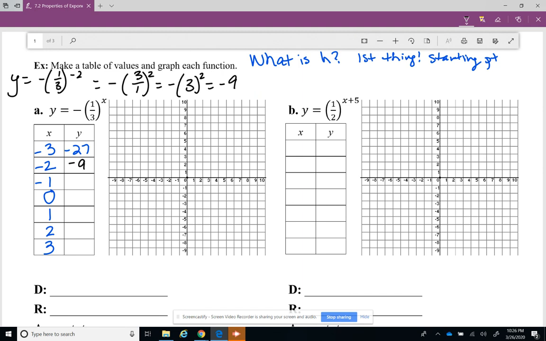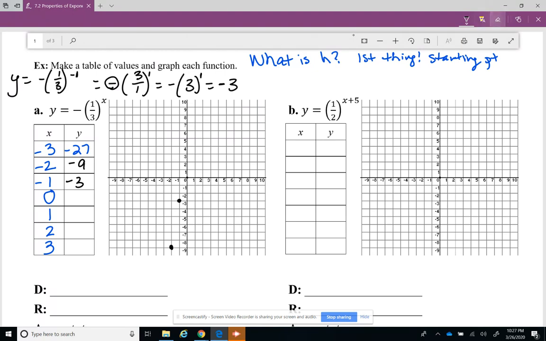So that's -9. We can graph that one: -2, -9. Let's put the -1 in there. We flip the 3 and the 1, making the exponent +1. The negative stays on the outside, and 3 to the 1 is 3, so -3. Let's graph that one: -1, -3.